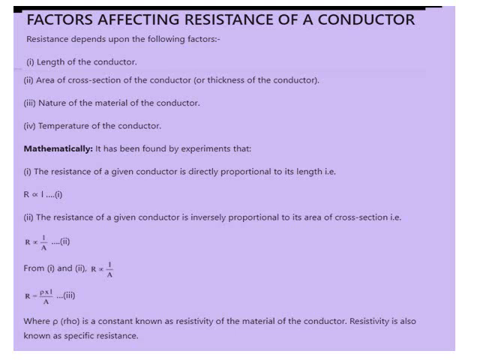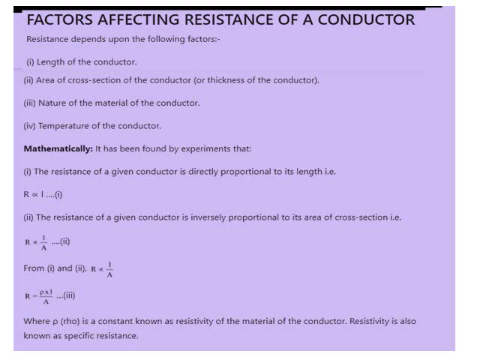Now let us combine equation 1 and 2 together. So R is proportional to L by A. Now when we remove the proportionality sign, we normally add an equal to sign with a constant. This constant we represent with the symbol rho.